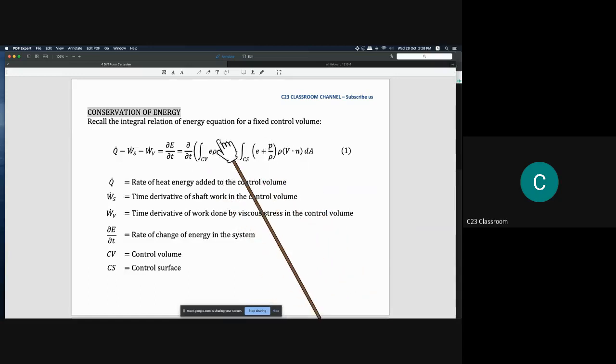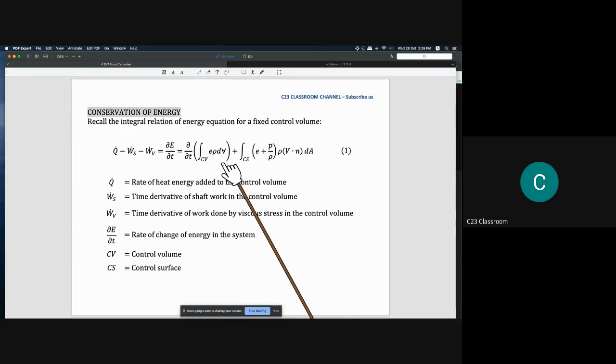So what is the control volume and the control surface here? The control volume is what happens inside a system. For example, if you have a balloon, the increment of mass and so on is part of the energy changes that occur inside that volume.